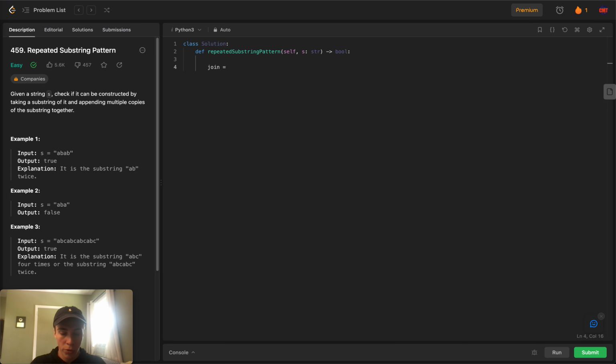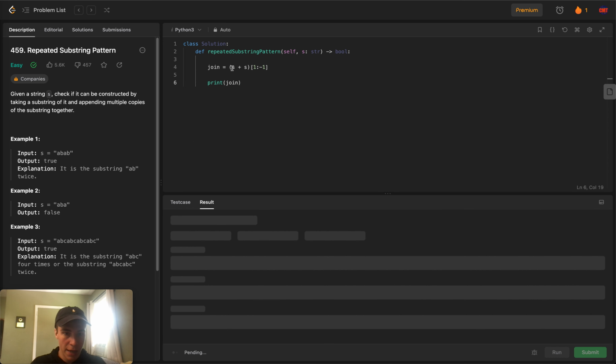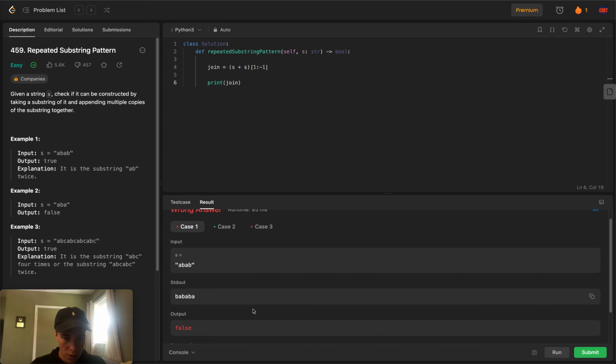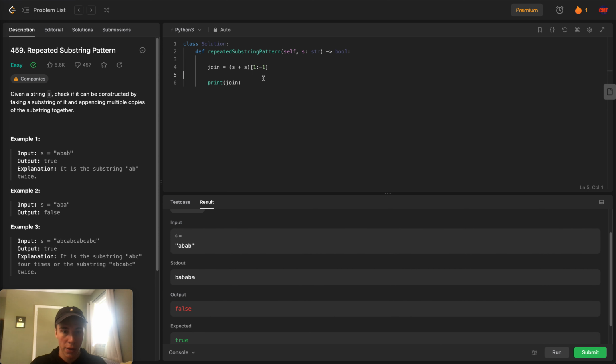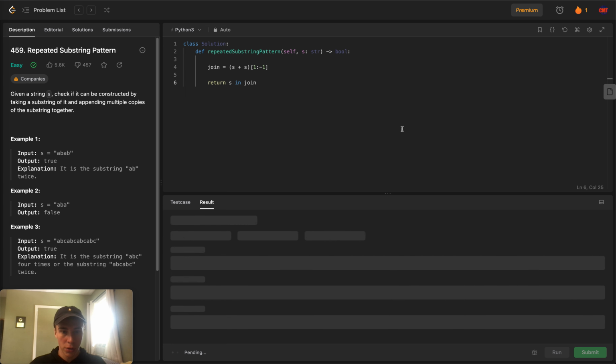Join is equal to S plus S, and then they're taking the slice from 1 to -1, print join, and then they're seeing if S is in that join. Perfect. And then they're saying return S in join. Another quick solution.